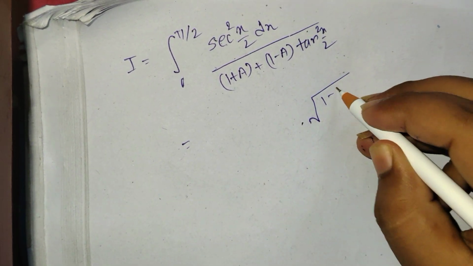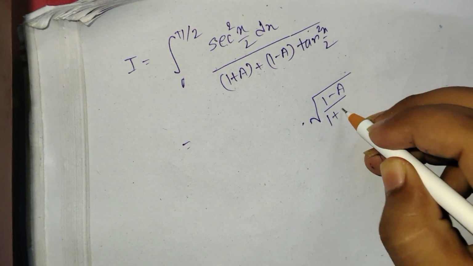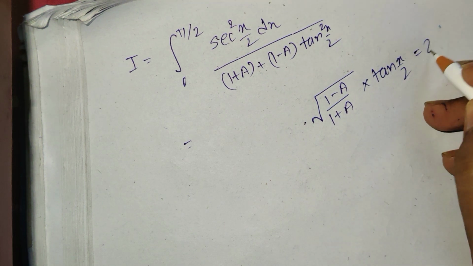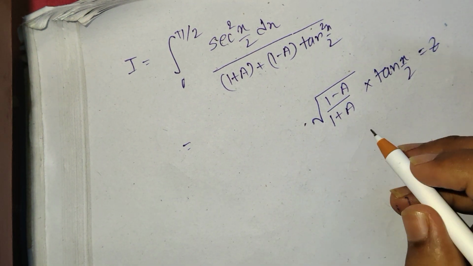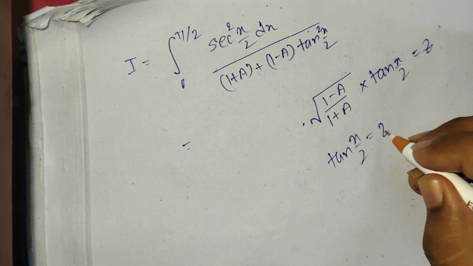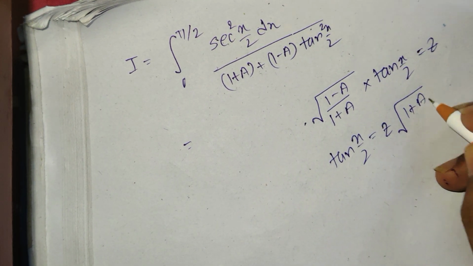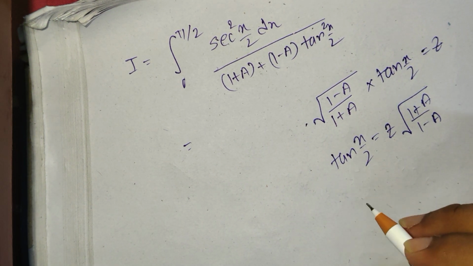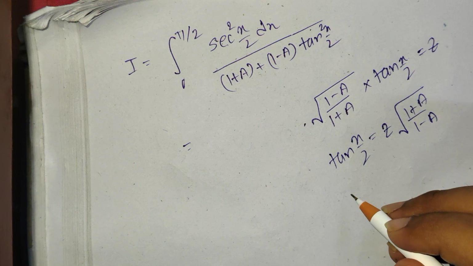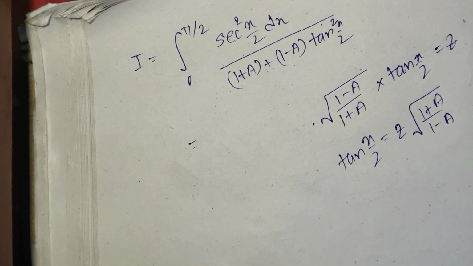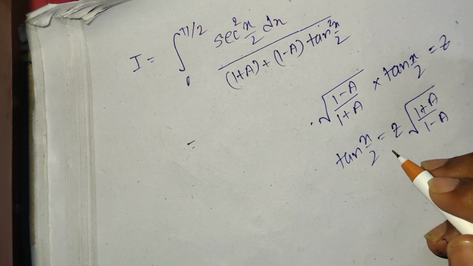Take the simple transformation: root over (1 minus a by 1 plus a) into tan x by 2 equals z. So tan x by 2 equals z into root over (1 plus a by 1 minus a). Now differentiate on both sides to find the differential so that we can replace.